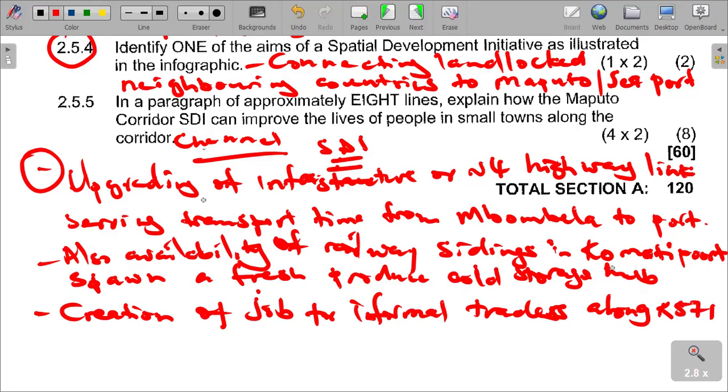the R571 is also another one that we can talk about, where we talk about cutting street vending evictions.